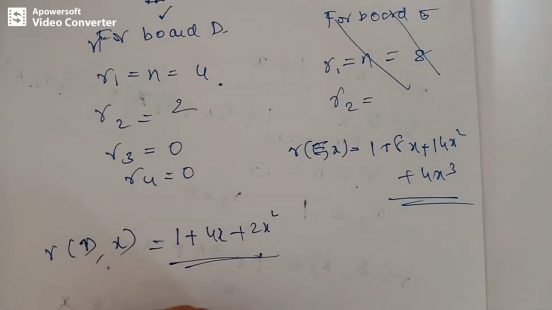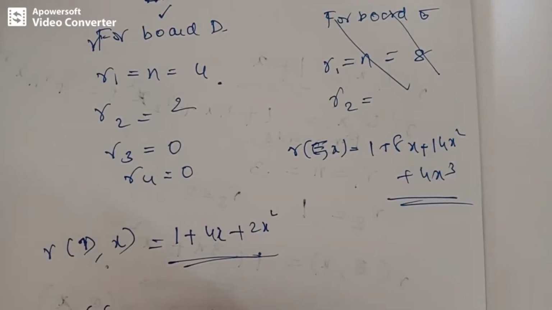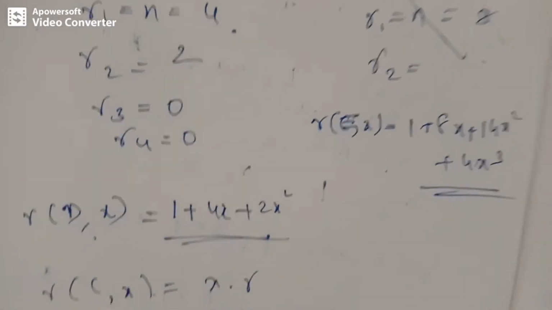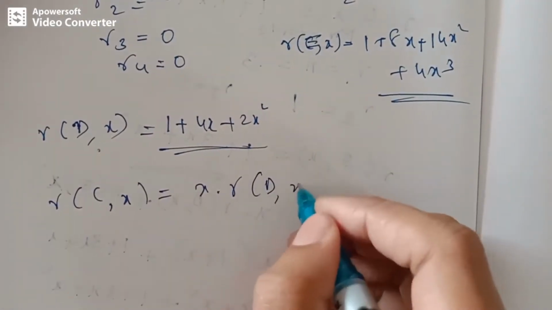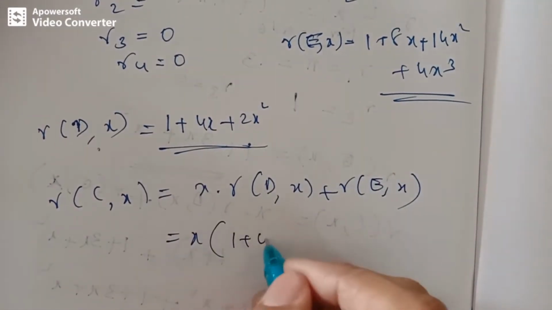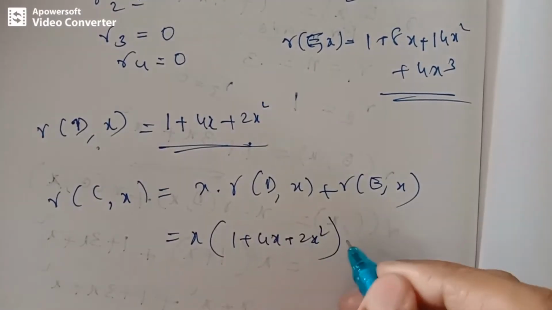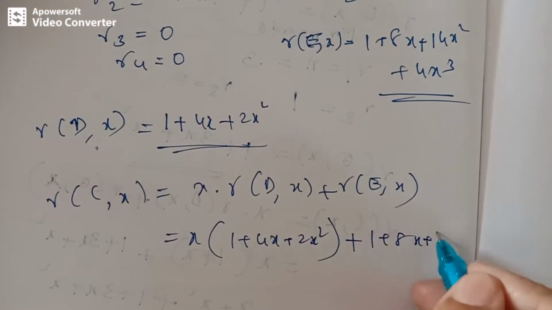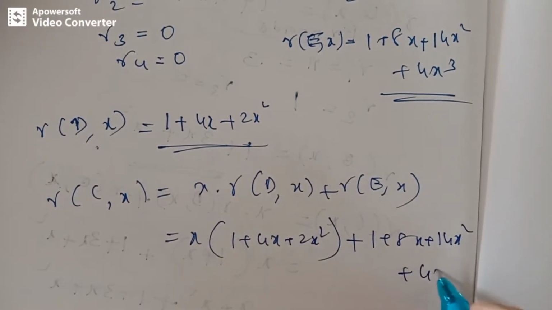We are using the expansion formula, so R of C comma x is nothing but x into R of D comma x plus R of E comma x. That is x into 1 plus 4x plus 2x square, plus 1 plus 8x plus 14x square plus 4x cube.